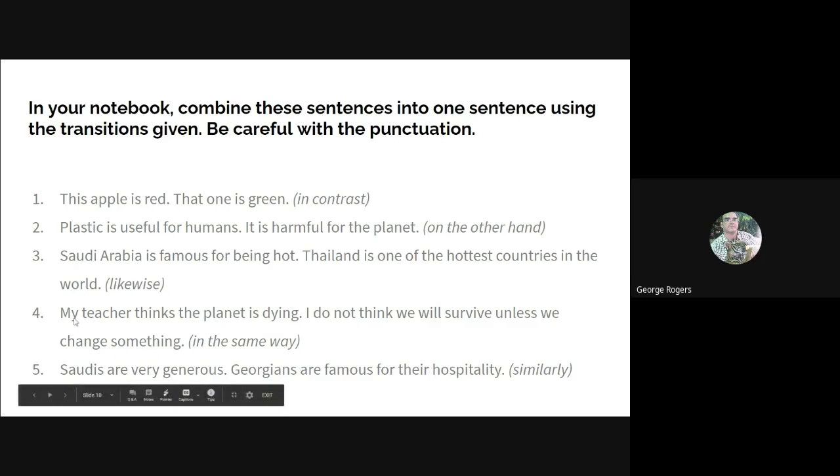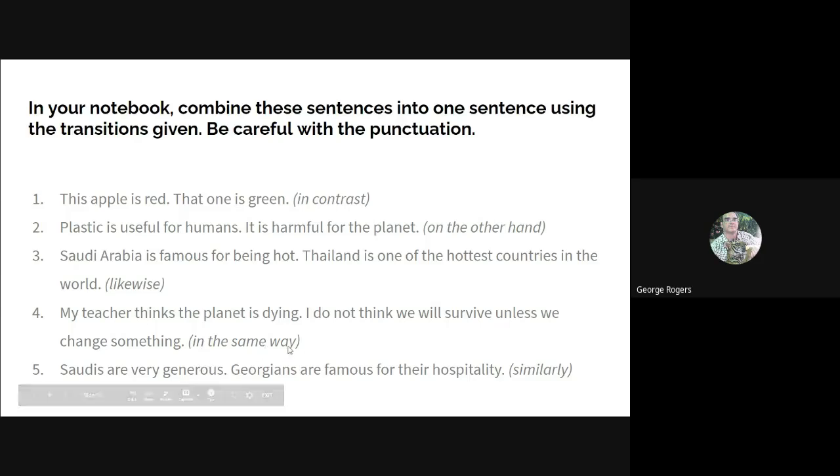And number 4, again, you're trying to do this on your own in your notebook. My teacher thinks the planet is dying. I do not think we will survive unless we change something. And the transition we're using is in the same way.